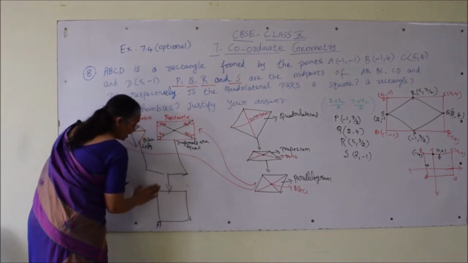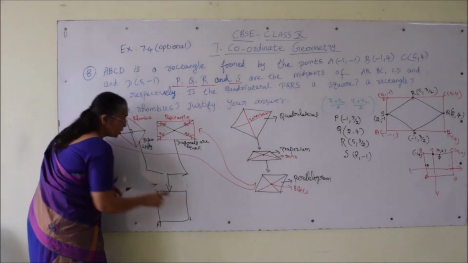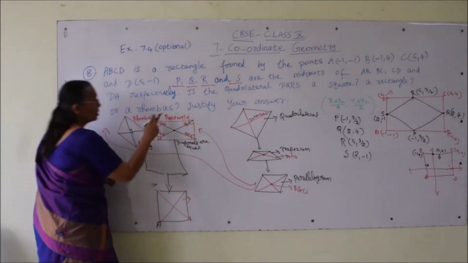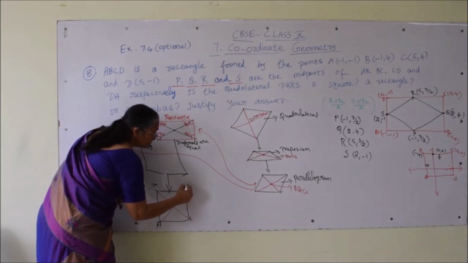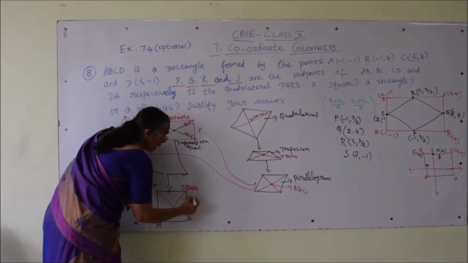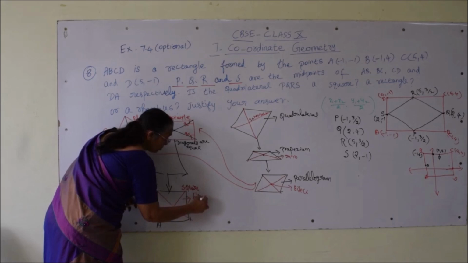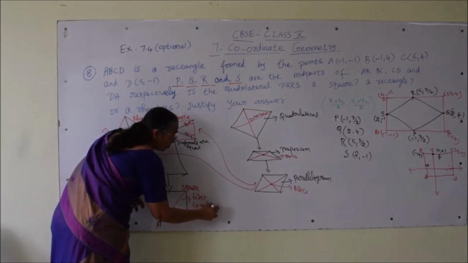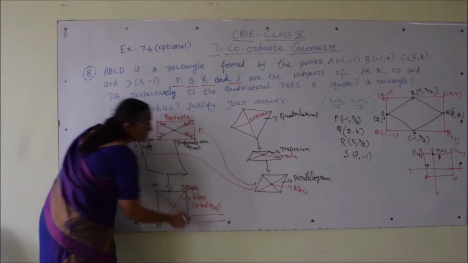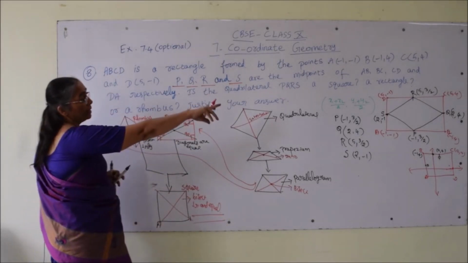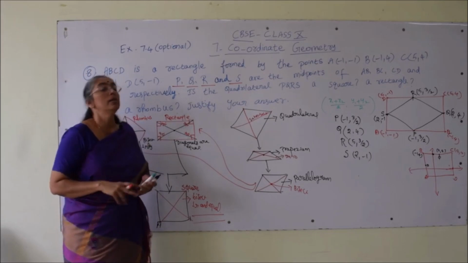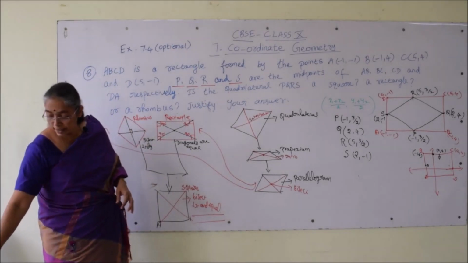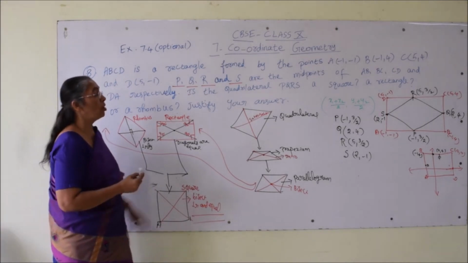For a square, the diagonal properties are: diagonals bisect, perpendicular and equal. So now we should check whether the PQRS quadrilateral is a square, rhombus or a rectangle. So first we will go with all three conditions.